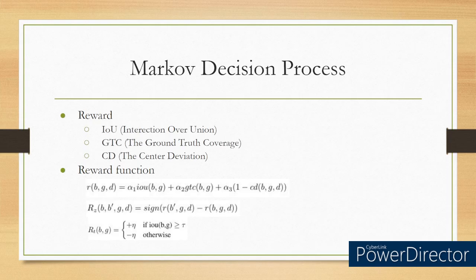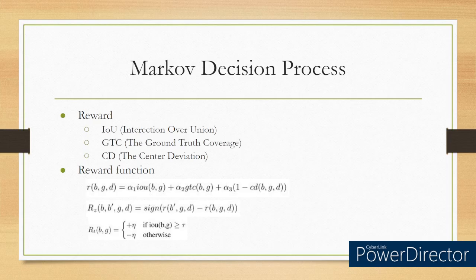CD describes the distance between the center of the bounding box and the center of the ground truth, relative to the length of the diagonal of the original image. The CD metric can reduce the probability of zooming away from the ground truth.